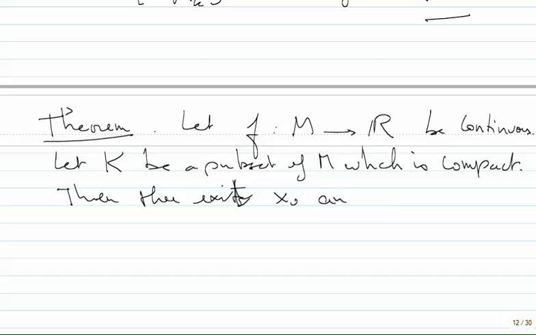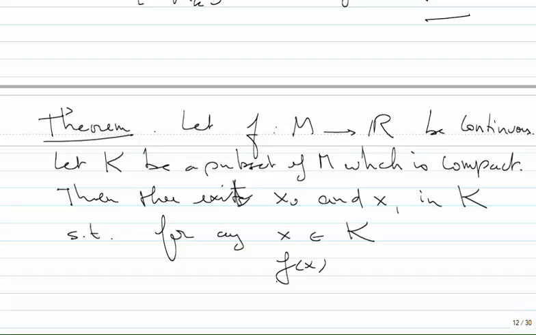Then there exist x0 and x1 in K such that for any x in K, f of x is between f of x0 and f of x1.